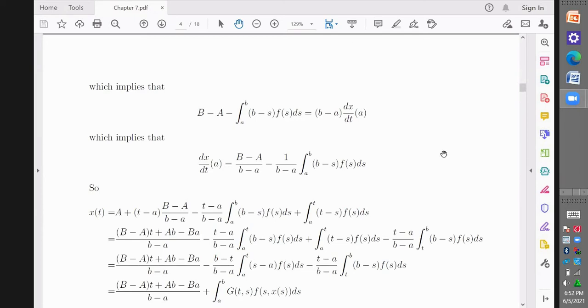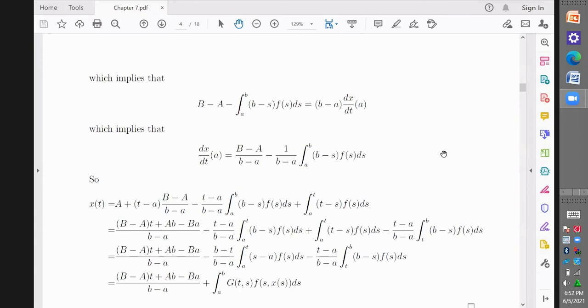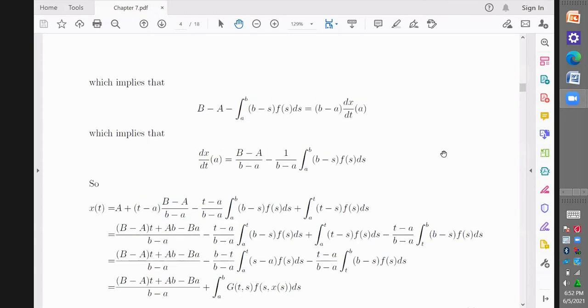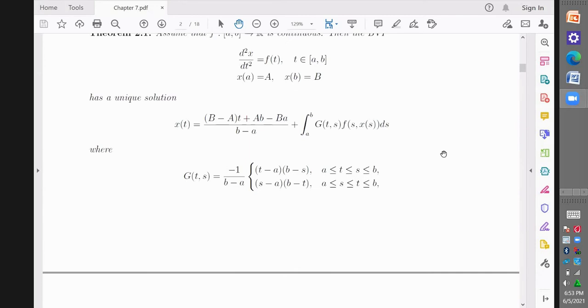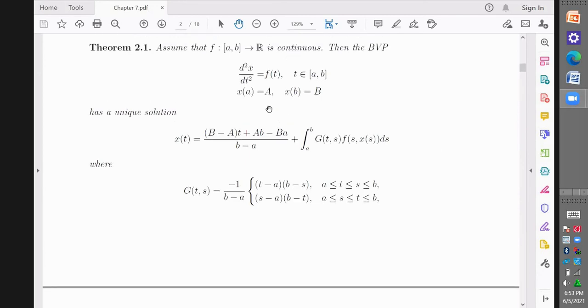So you can see this boundary value problem can be expressed in this way, where g is the Green's function defined previously here.